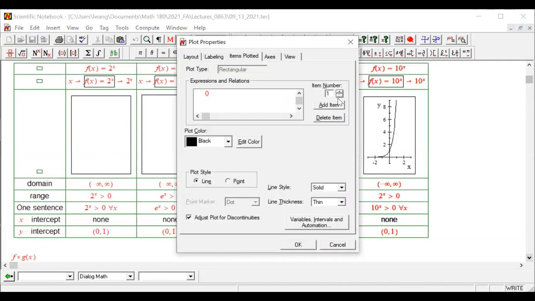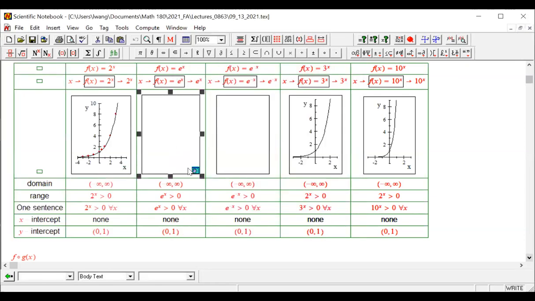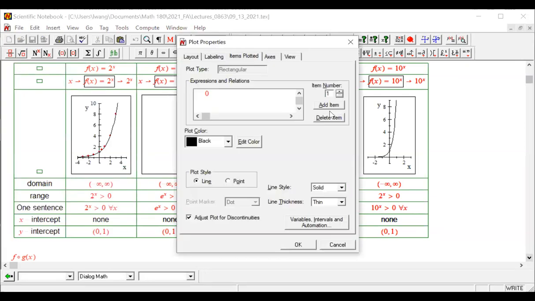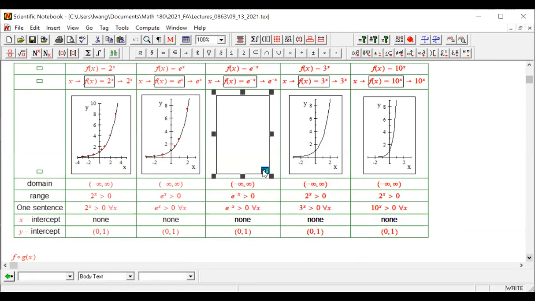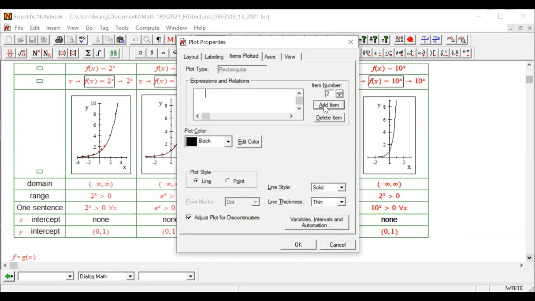So I'm going to just add the item 2 to the power x. Sometimes the software just has some hiccups. I don't know what happened.